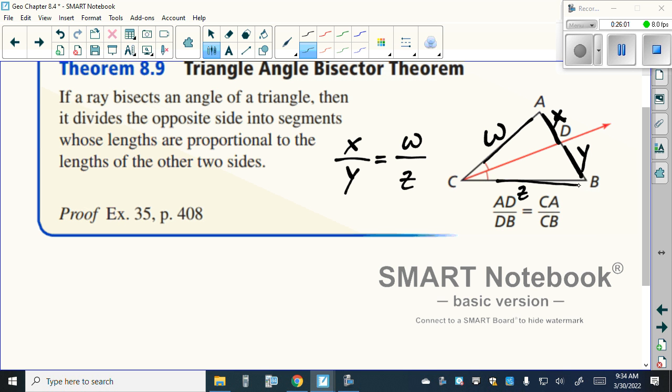So the two parts that are split are going to be over each other, and then their corresponding sides are over each other. So W's on top, Y's on bottom, Z's on bottom, or vice versa.